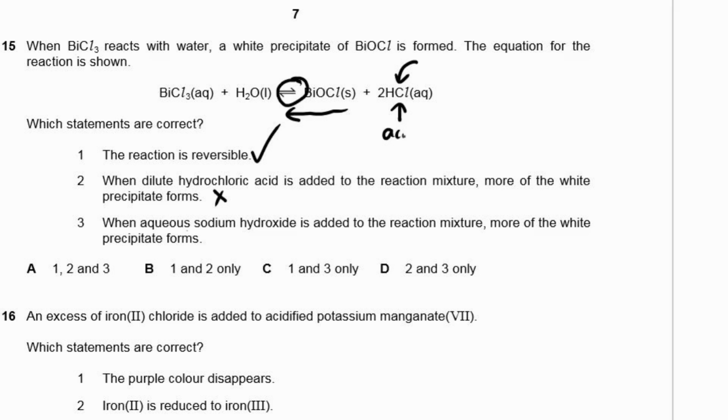So this is acid plus alkali produces the salt plus the water, which means basically it's taking the chloride ions out of solution. So if it's taking the chloride ions out of solution, that means that the reaction is going to move to the right-hand side, and more of the precipitate is going to form. So that means that is a correct answer. So the answer is 1 and 3 only.